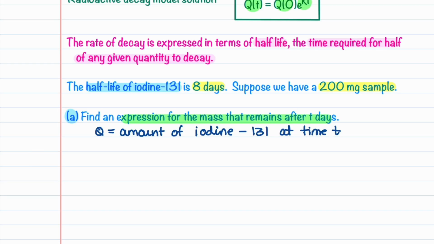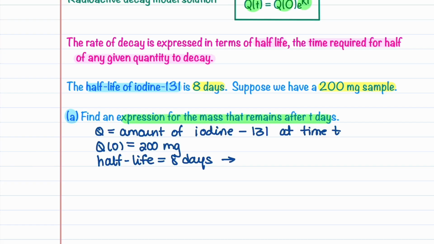We are told that we start with a 200 milligram sample, so we can say that Q at 0 is equal to 200 milligrams. And then we're also told that the half-life is 8 days.